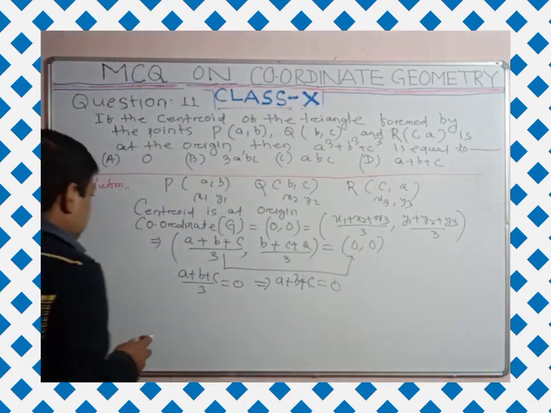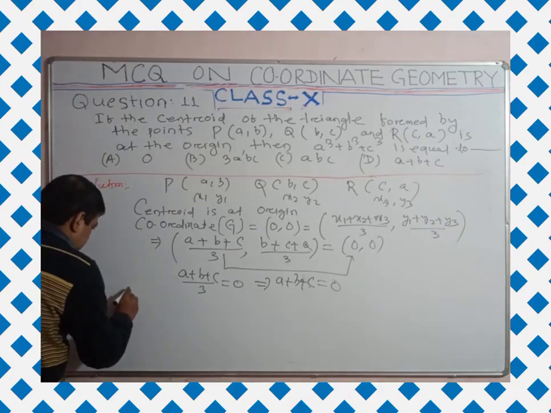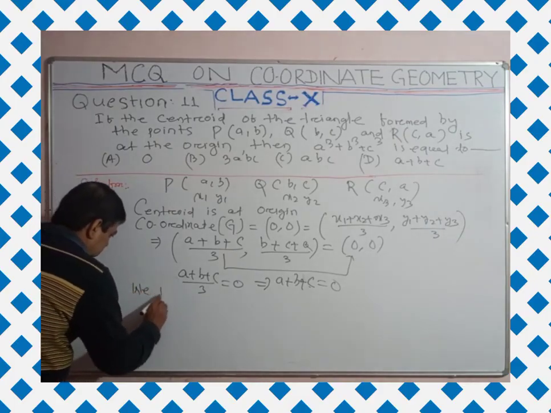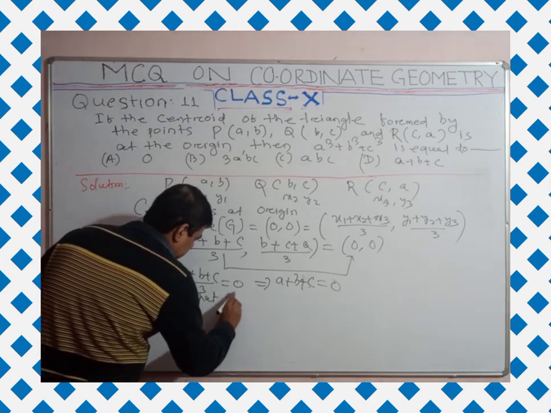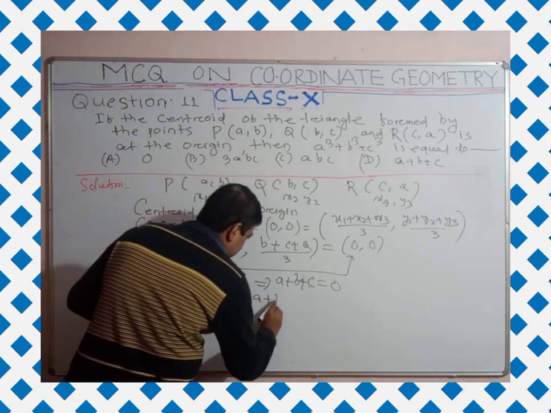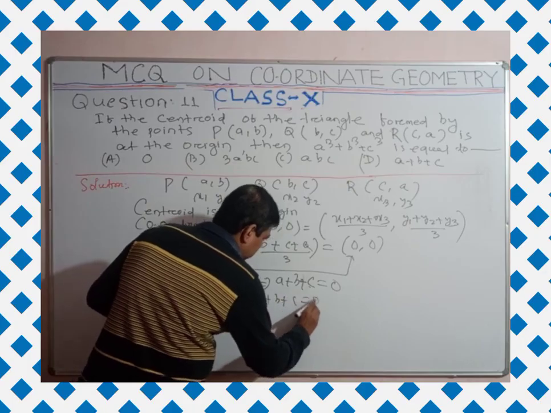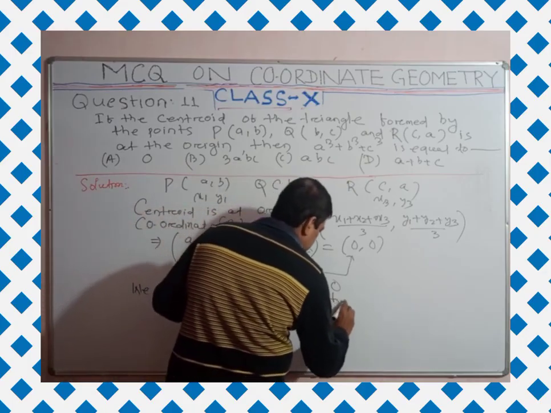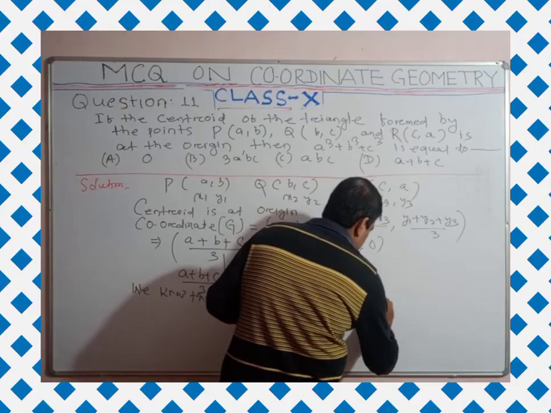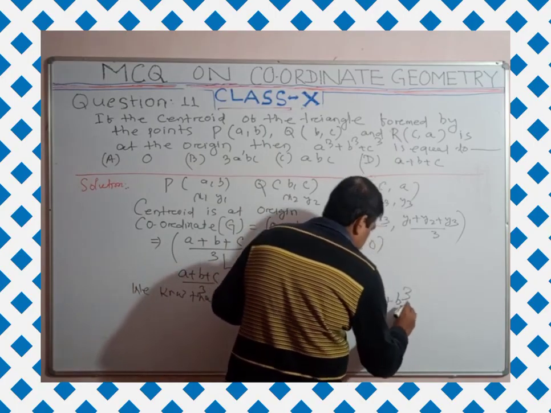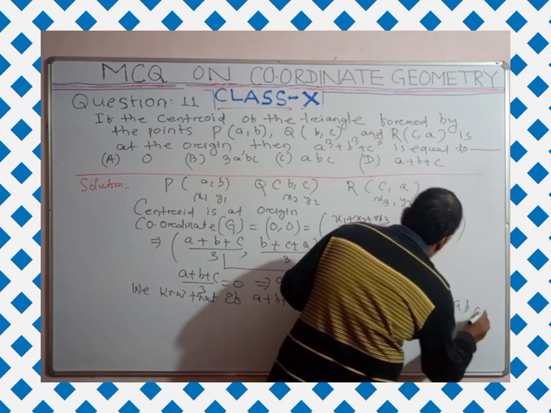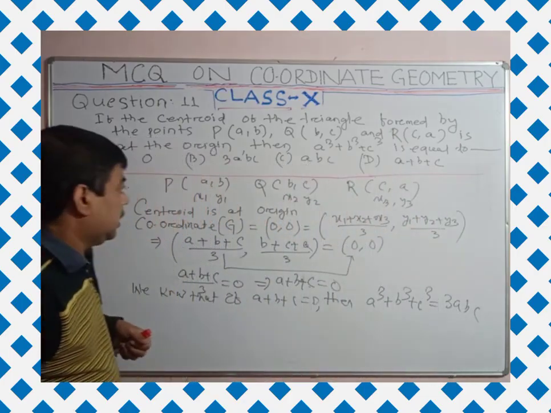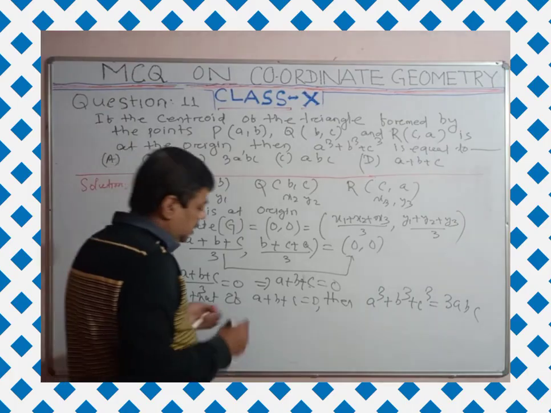So we know that if A plus B plus C is equal to 0, then A cubed plus B cubed plus C cubed is equal to 3ABC.